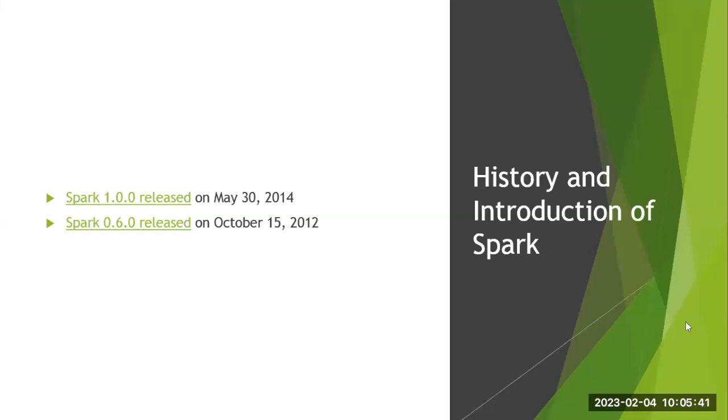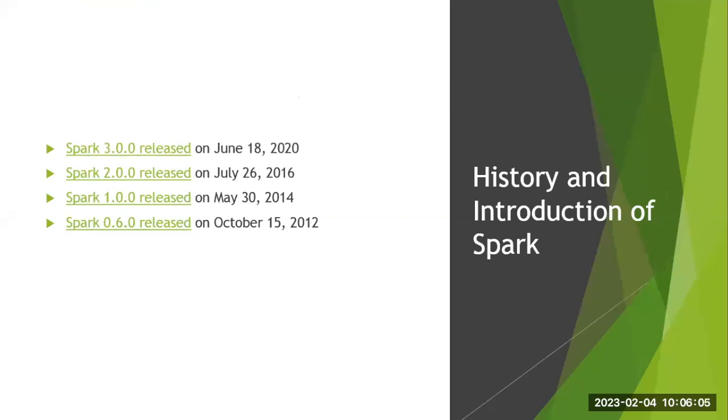Around after 2009, the stable version of Spark was released around 2012. The first stable version which was released was Spark 0.6. After that, many versions came, like Spark 1 in 2014, then Spark 2 around 2016, and Spark 3 around 2020, and the latest is Spark 3.3.